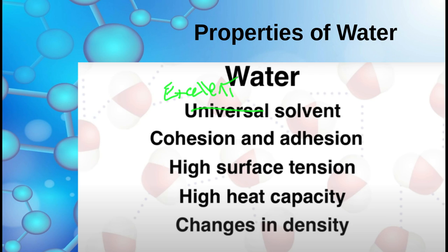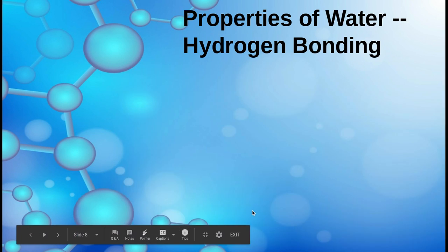Properties of cohesion and adhesion help things stick to the water, and water stick to other things. High surface tension, which allows little bugs and stuff to scoot across the top of the water. High heat capacity, or high specific heat, along with high heat of vaporization, really keeps temperatures moderate. And then there's changes in density. So we'll see that in a second.